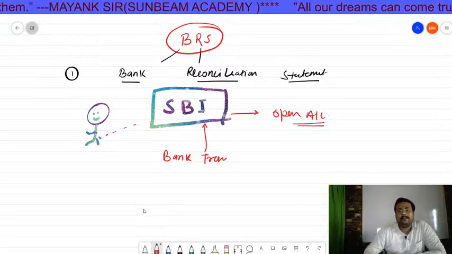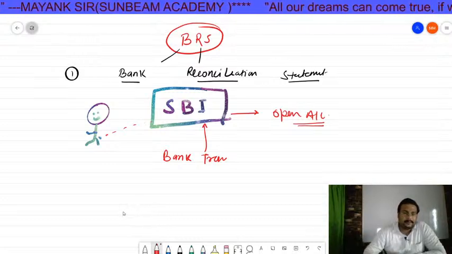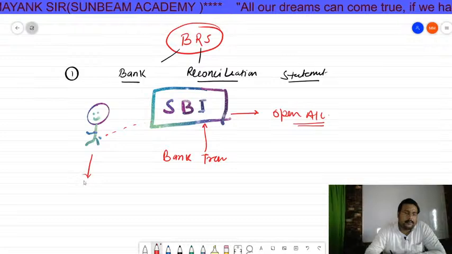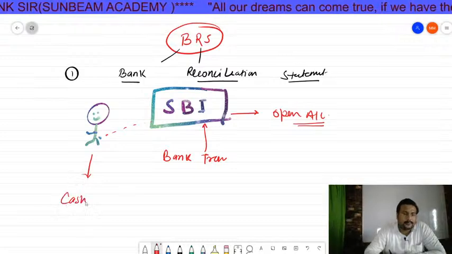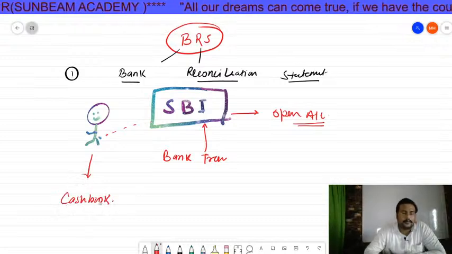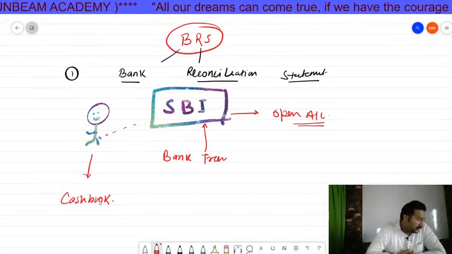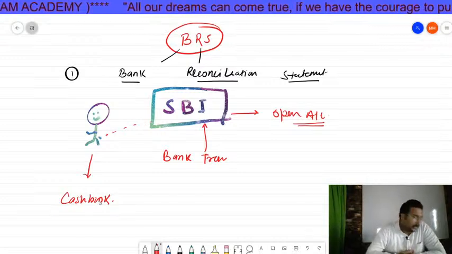Why do we prepare the bank reconciliation statement? देखो, this person will prepare a cash book for all the transactions of bank paid.